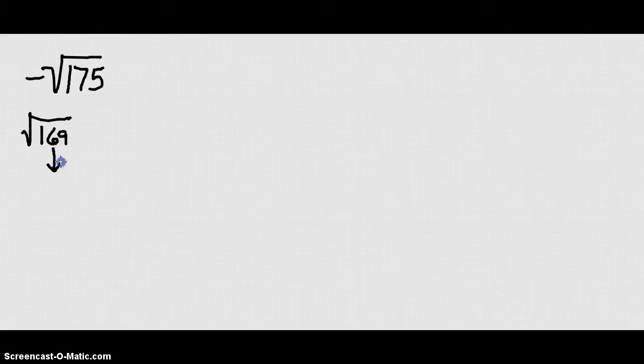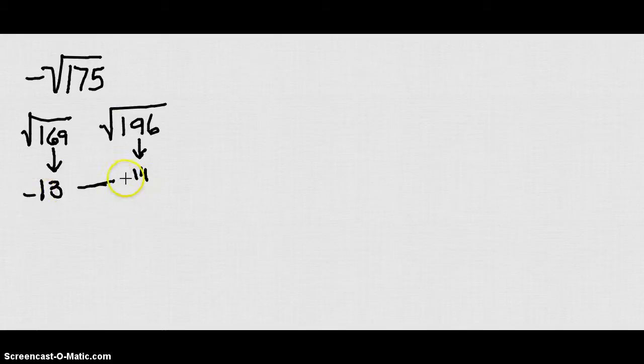Another example is, say we had the negative square root of 175. We know that there's a perfect square, 169, which gives me 13. The perfect square of 196 gives me 14. And 175 lies in between 13 and 14 here.